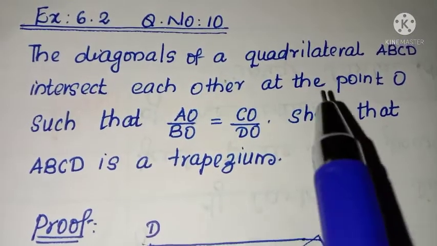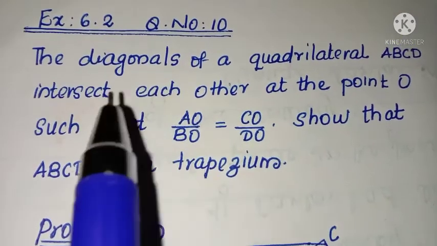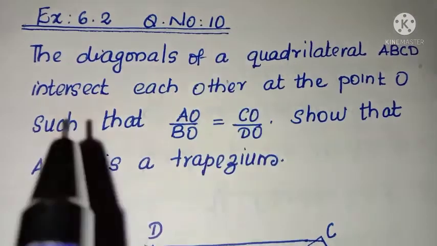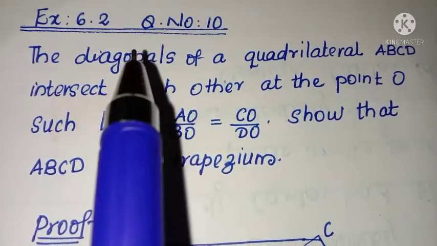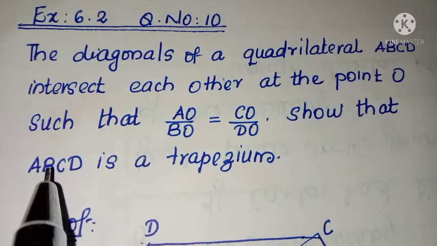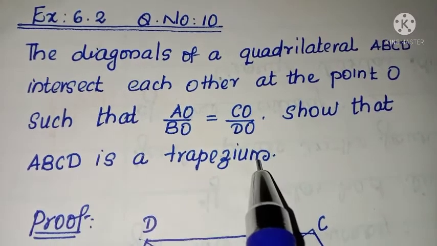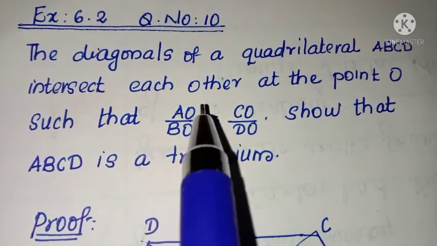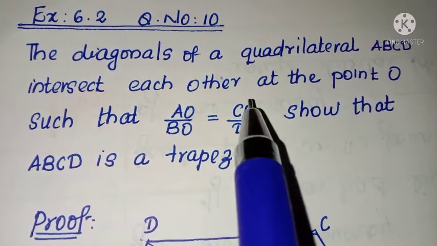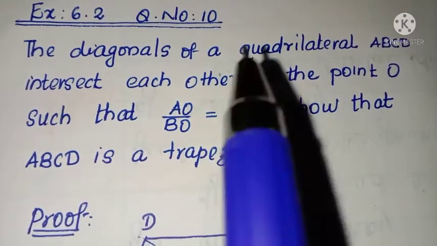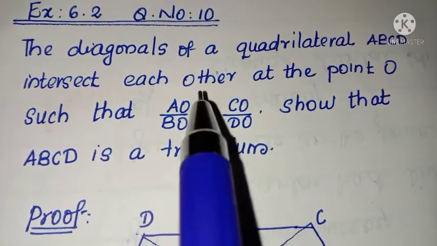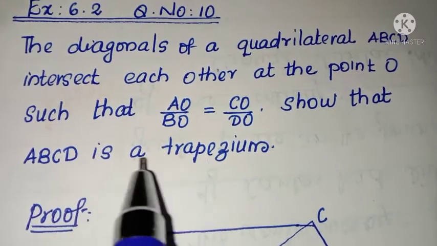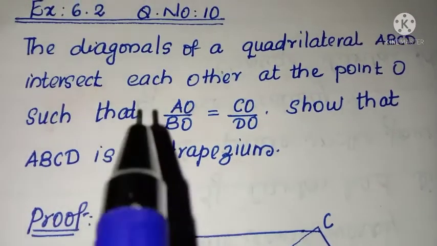Listen children, this question is just a converse of question number 9. Okay, see in question number 9, it is given that ABCD is a trapezium and we need to prove AO by BO equal to CO by DO. But here the ratios are given and we need to prove ABCD is a trapezium.